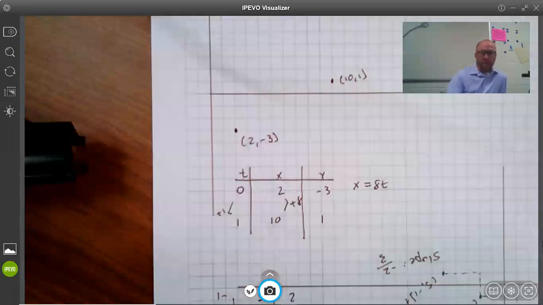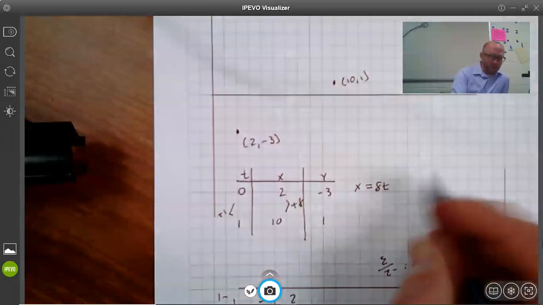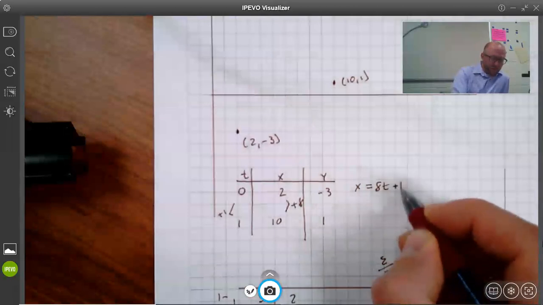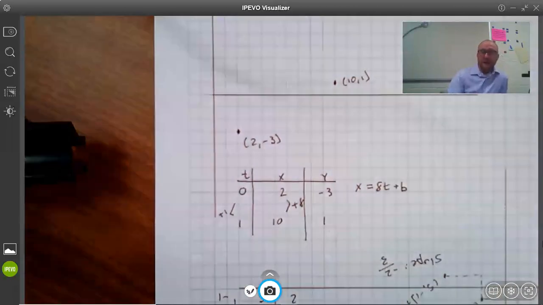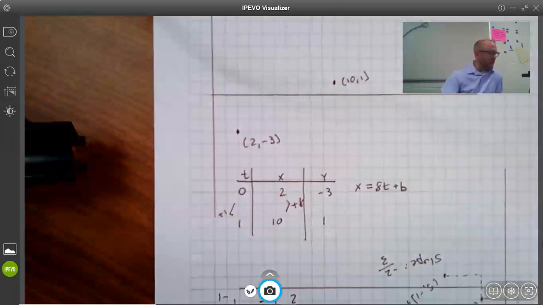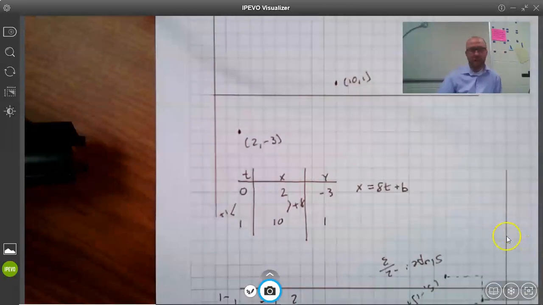There are a couple of different ways that we can do this. We can assume that there is some sort of constant being added on. That's going to be the case. Then we just have to enter one of our x, t pairs and figure out what that b is.